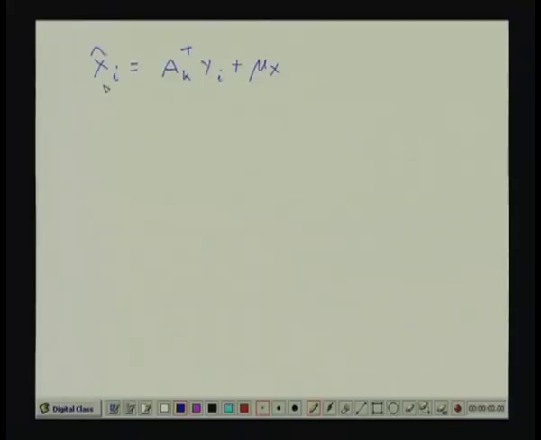Now, for getting the reconstructed image, what are the quantities that we have to save? Obviously, the first information that you have to save is the transformation matrix A_k. So, this A_k needs to be saved.